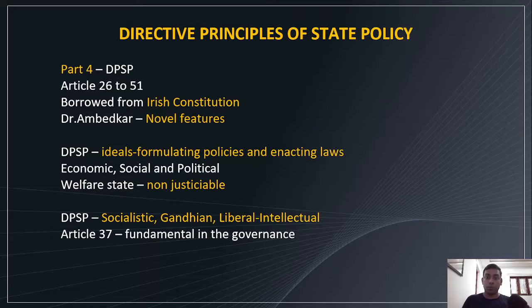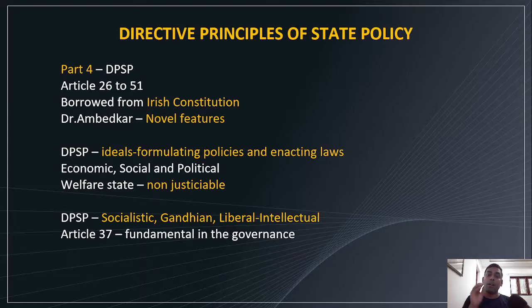Article 32 has the provision for writs. We discussed the concept of writs in detail in our previous class, and Article 32 gives the power to the Supreme Court to issue writs, and Article 226 provides the High Court the power to issue writs.